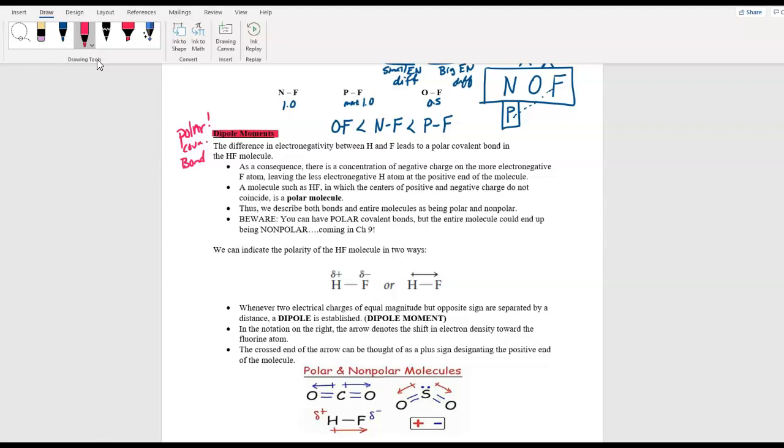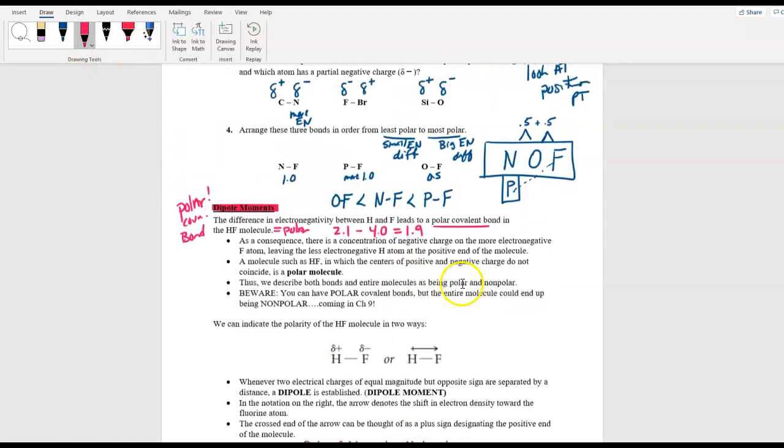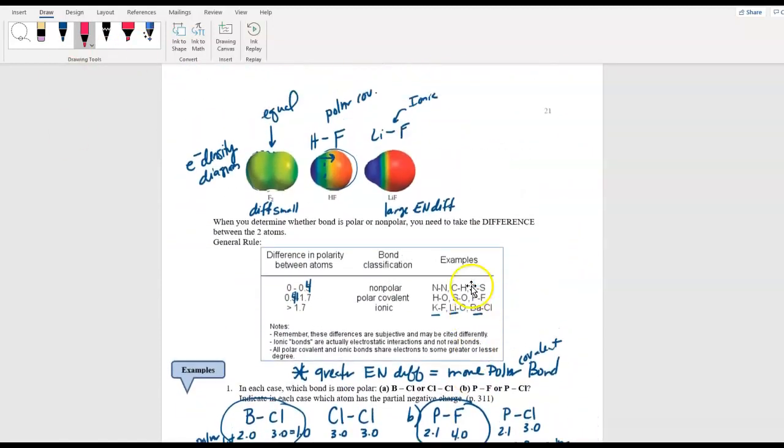So in HF, which we already know is polar, hydrogen is 2.1 and fluorine is 4.0, and we get 1.9. Very, very, very polar. Okay? And remember, there is no negative answers. The concentration of the negative charge is on the more electronegative atom. You saw this picture right up here, electron density.